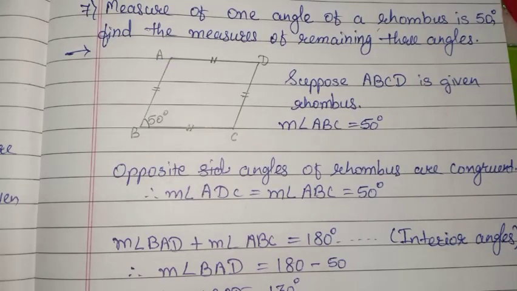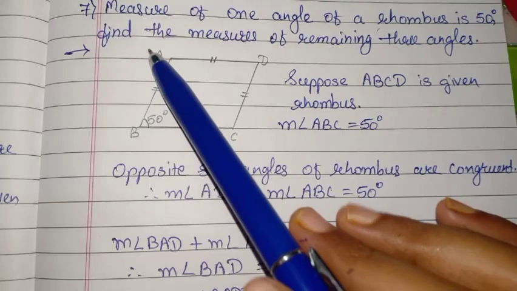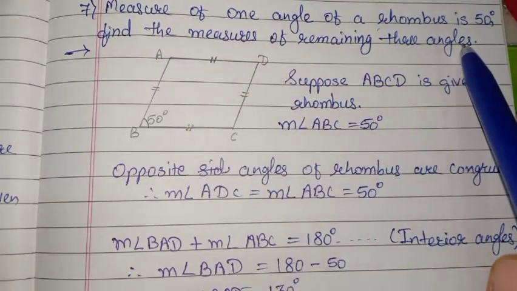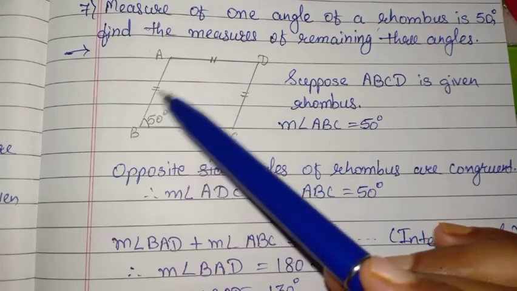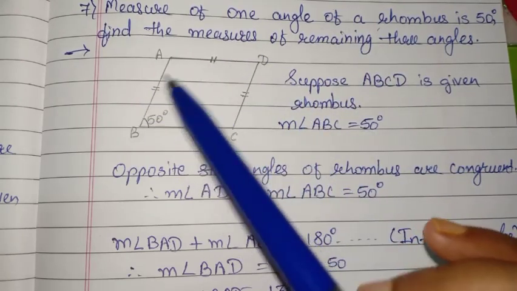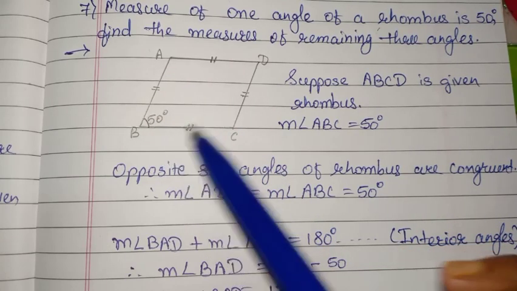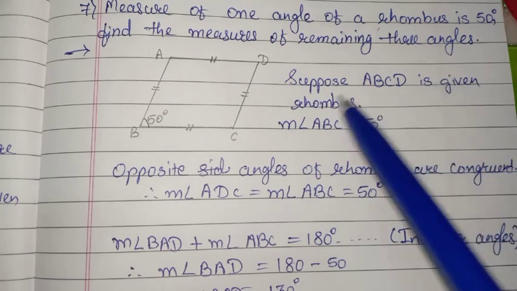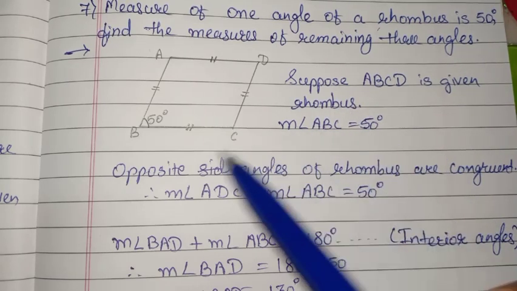Now, 7th question. Measure of one angle of a rhombus is 50 degree. Find the measures of remaining 3 angles. First of all, we will draw rough figure like this. And it is rhombus, so all 4 sides will be of equal measure. One angle is given, measure of one angle is given, that is 50 degree. Suppose ABCD is given rhombus, measure angle ABC is equal to 50 degree.